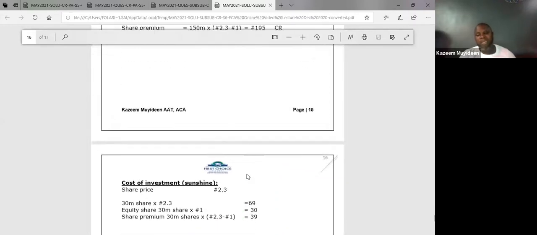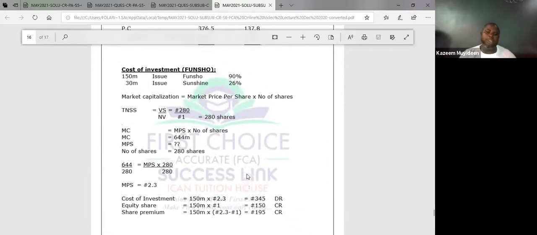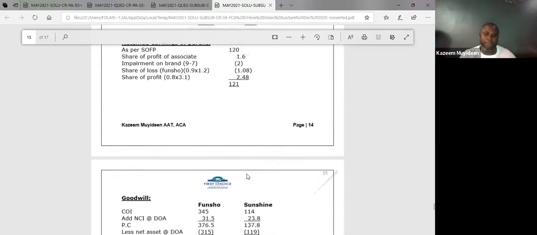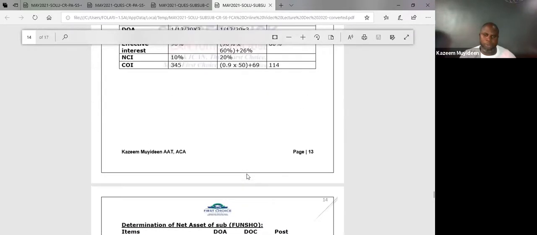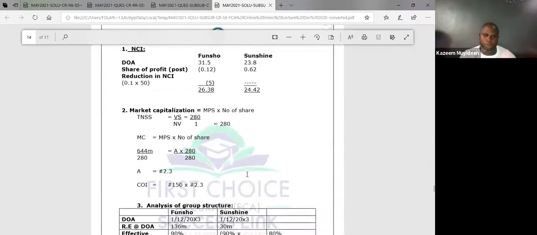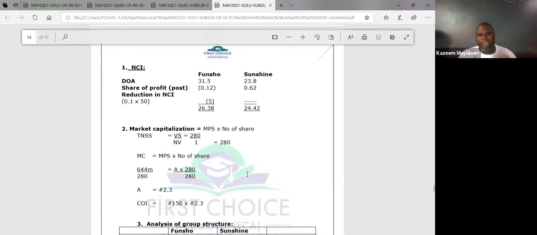This is the NCI. In Future, share of post-acquisition loss of 1.2, 10% of it.